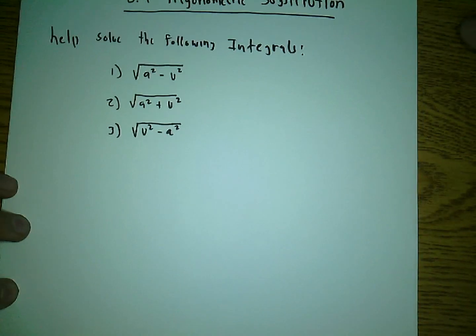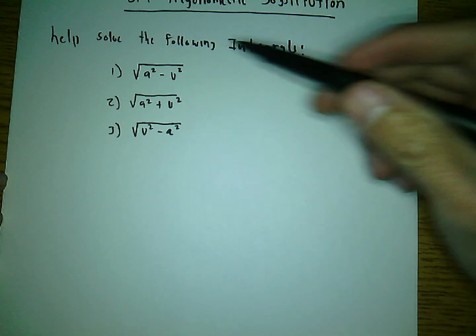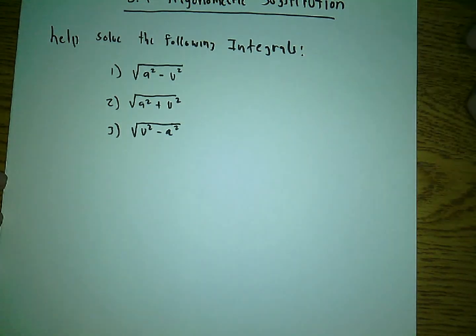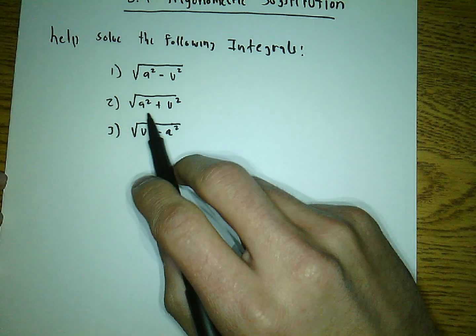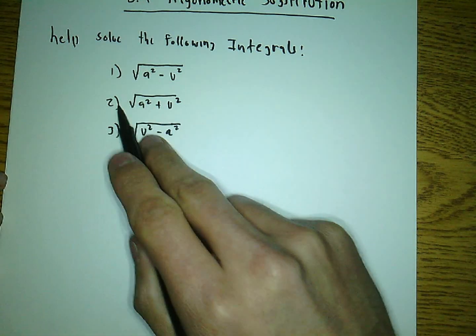Do we know the Pythagorean theorem, guys? I hope so, right? The Pythagorean theorem, a squared plus b squared equals c squared. What we're going to do is when you're dealing with square roots in which you have numbers squared added or subtracted, I'm just going to think of it and make a triangle out of that. Because if you think about it, if I make a right triangle and I have two things squared added, isn't this like the hypotenuse?